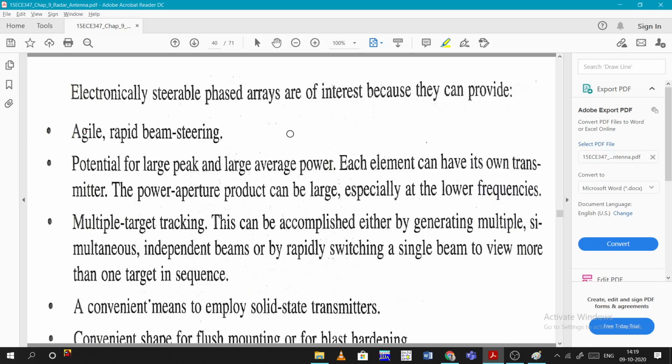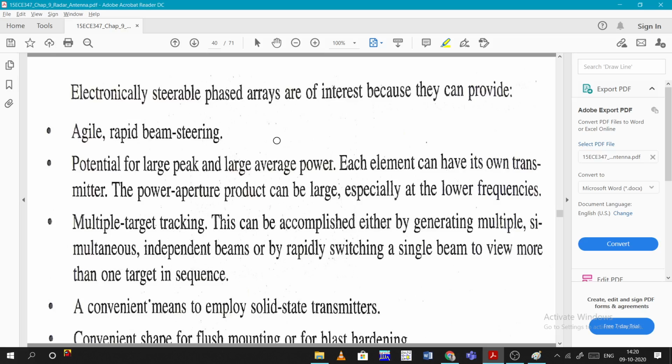Now what is the advantage of this? Why are you going for this? Electronic phased arrays are of interest because they can provide rapid beam steering. Agile means the same thing, speed, quick basically. Potential for large peak and large average power.